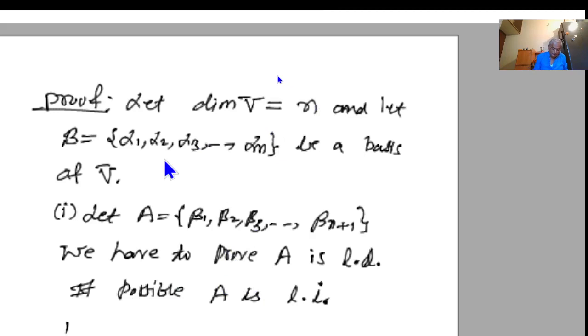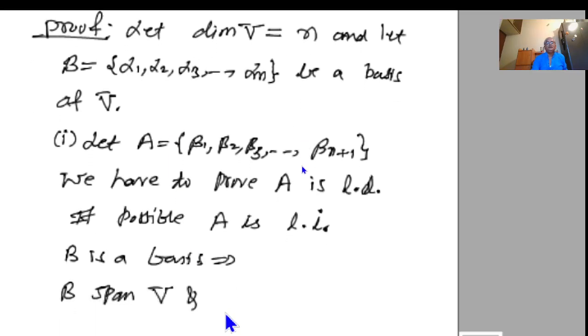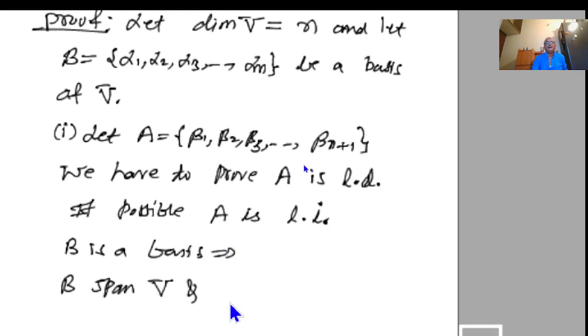So B is a basis implies B spans V, and what is A here? A is linearly independent.